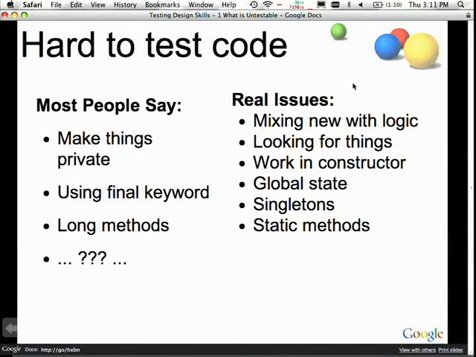So here's the kind of problem. I don't want to get into it too much because there are a couple of slides later where we're going to cover this. But the basic issue is this. If you have a leaf method, such as math.absolute value, piece of cake to test, right? Because it's a leaf. It doesn't call anybody else.